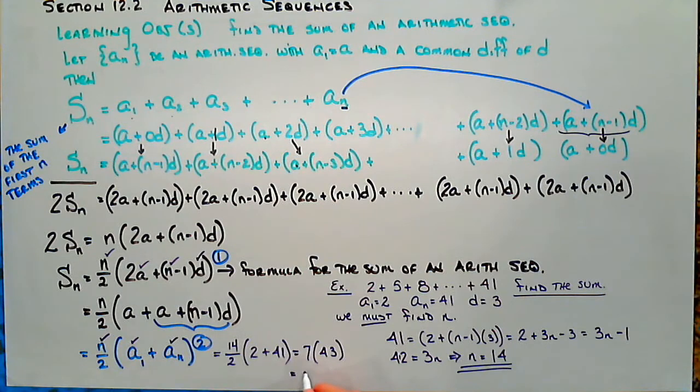And you've seen me do this multiplication many times now. This is 40 plus 3. So 7 times 40 is 280. 7 times 3 is 21. And what do we end up with? 301 as our answer. All right?